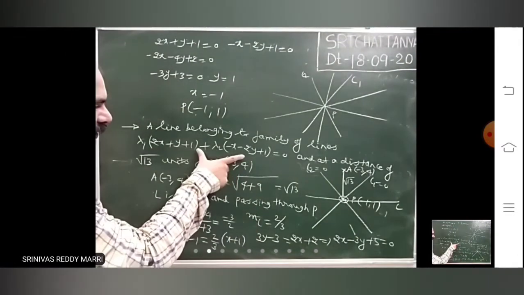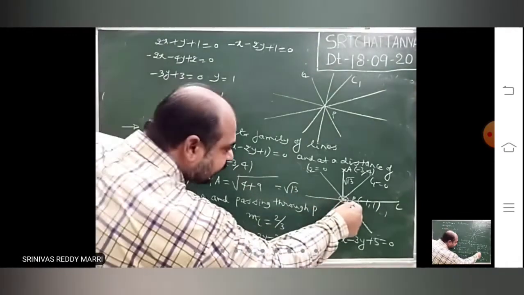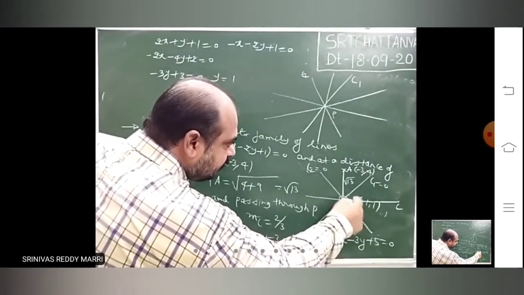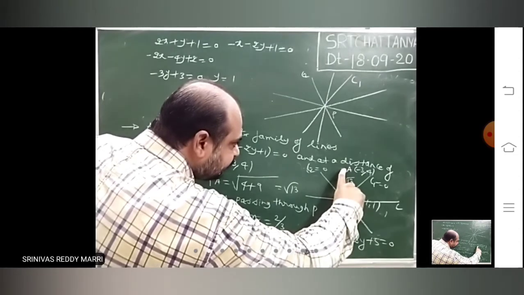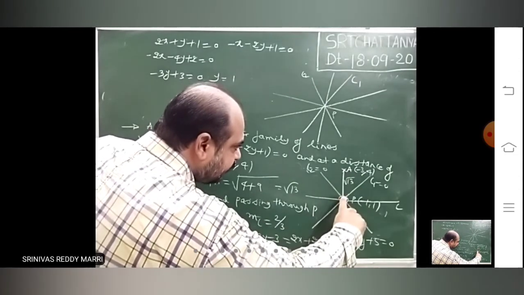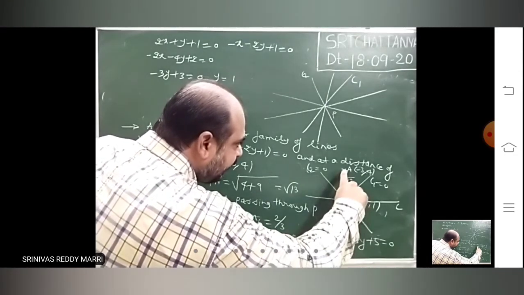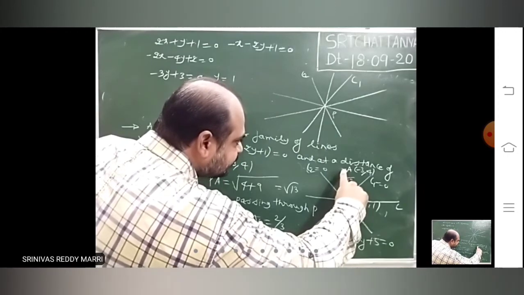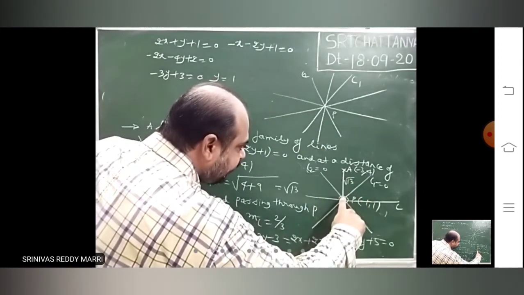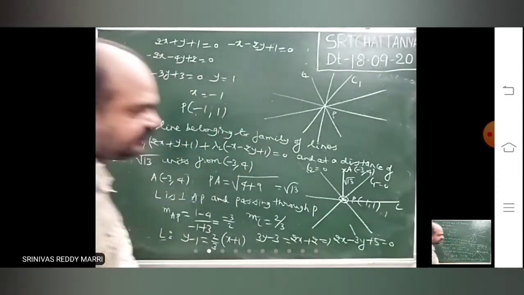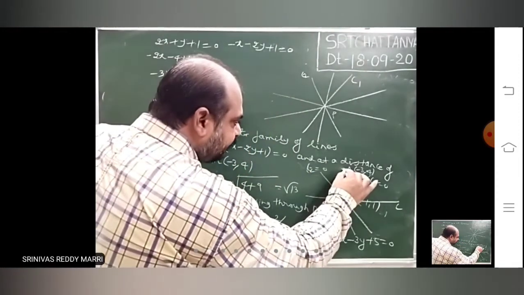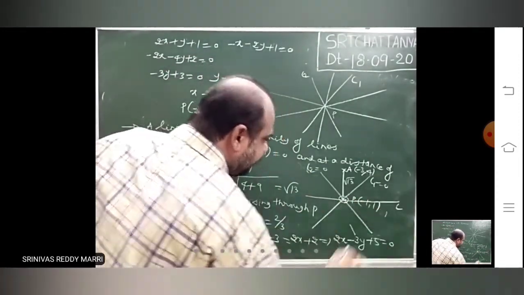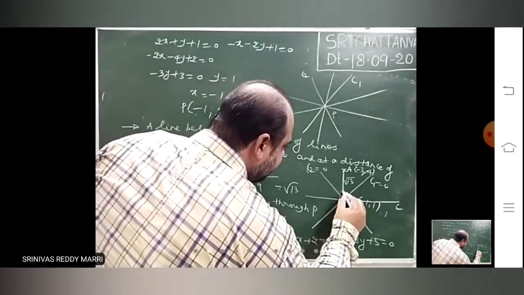Belonging to this family means you calculate the point of intersection. If this exactly matches the distance, AP is also root 13. That means you have to find a line which is at a perpendicular distance of root 13 units and passing through P. That means that line is nothing but perpendicular to AP and passing through P. Directly you can find it out.